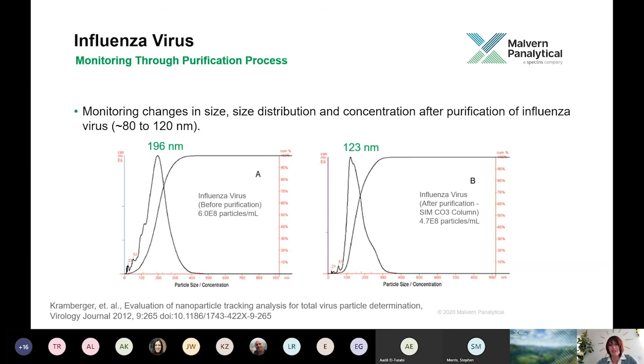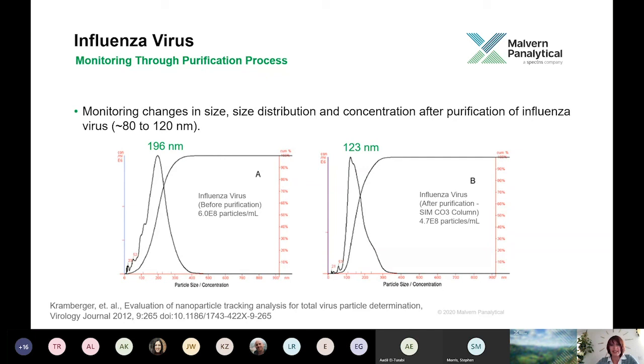So as early as 2012, Kramberger evaluated the Nanosite for total virus particle determination, and used the ability to quantify latex particles, adenovirus 5 and influenza virus during a couple of days of measurements.